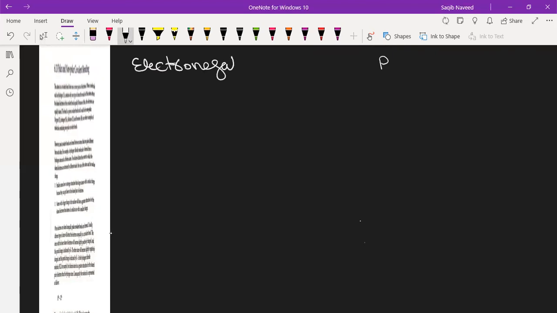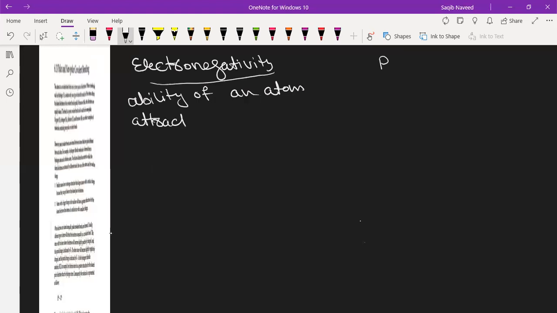No, I haven't said it before. Electronegativity, it is the ability of an atom to attract shared electron pair.